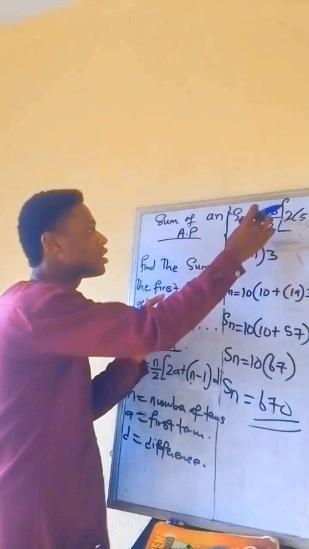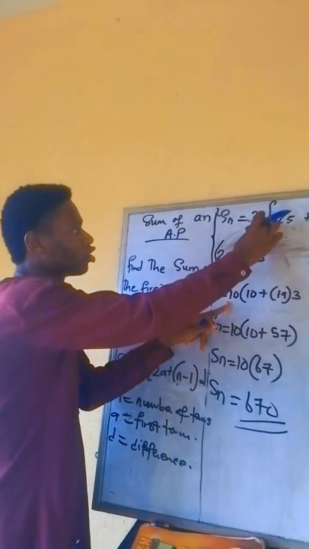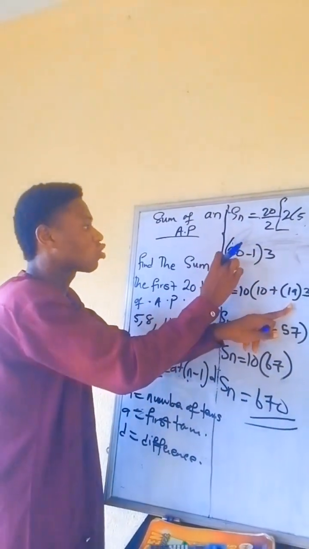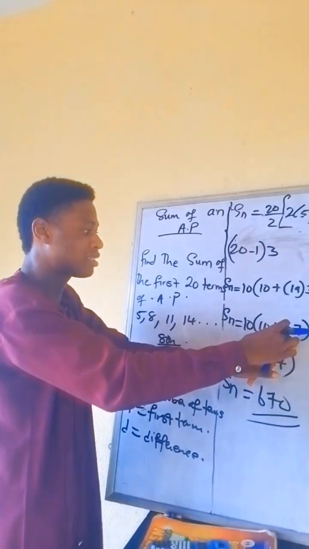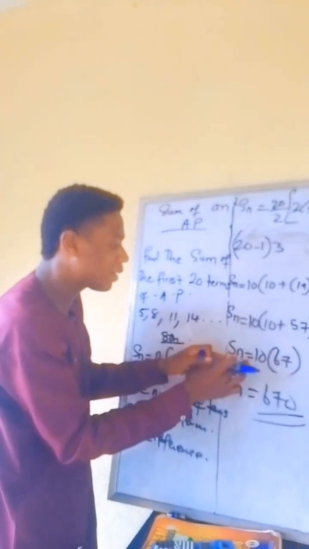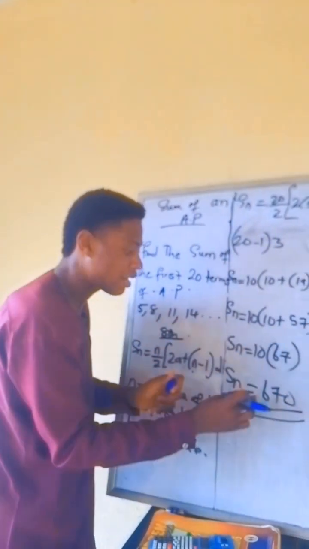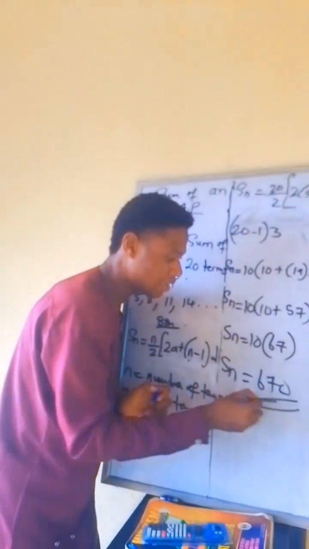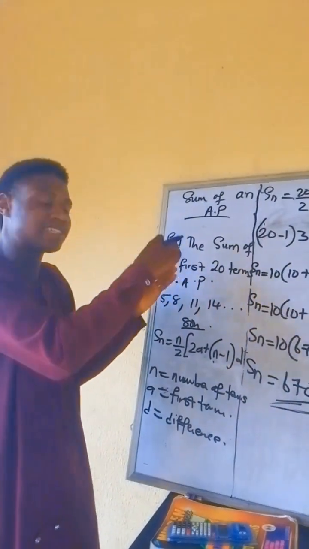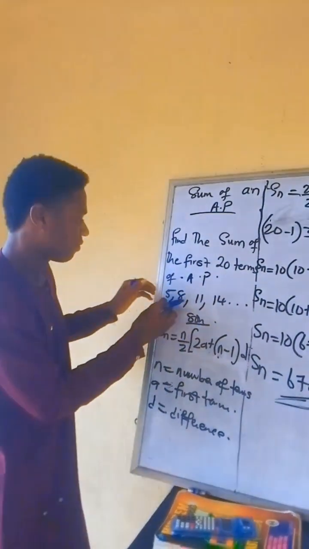So 20 divided by 2 gives us 10. 2 times 5 gives us 10, plus 19 times 3, which is 57. When we add 10 and 57 together, it gives us 67. Then we multiply 10 and 67 together, which gives us 670. Now this is your Sn, the sum of the first 20 terms of this AP.